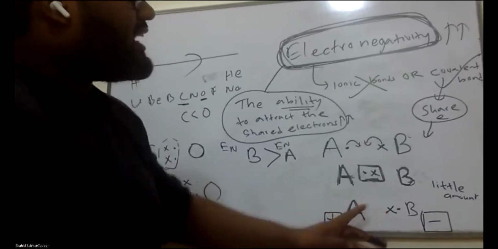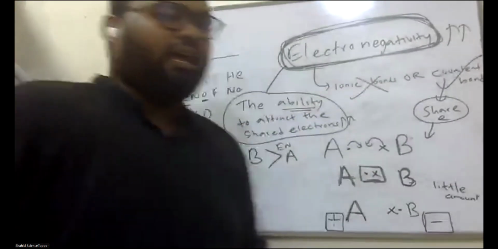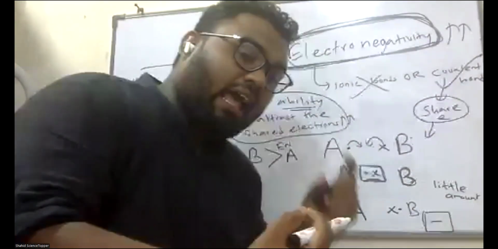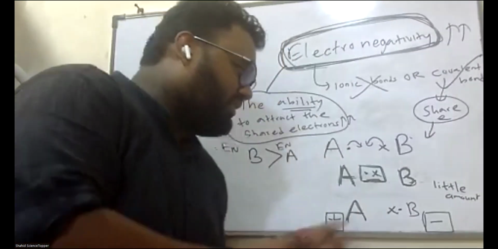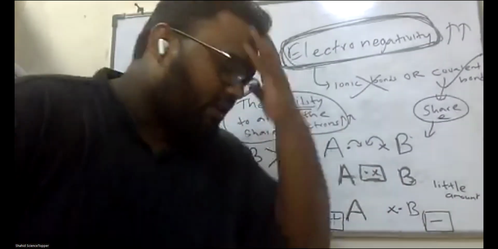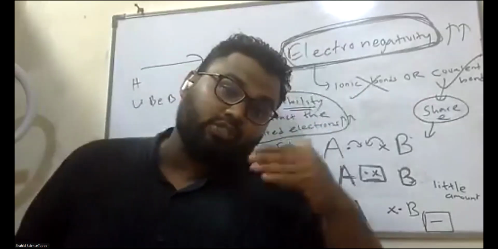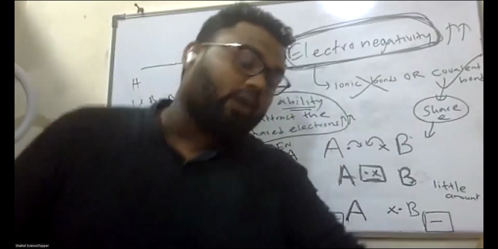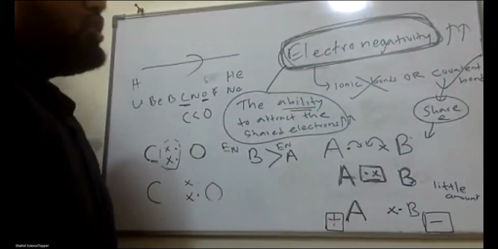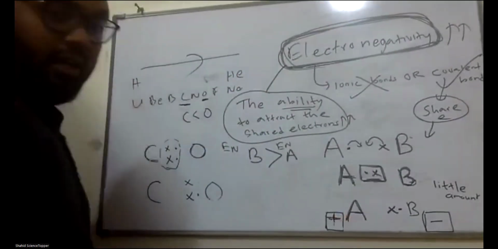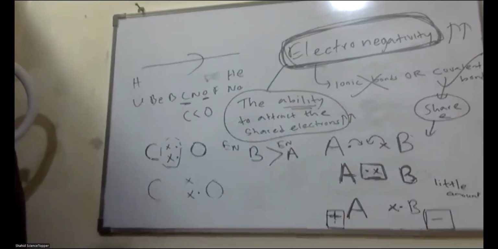Because these electrons are moving away from A. Moving away means we can take it as A losing it. It's not actually losing, but it's a little similar to losing, because it is going away from the atom. So here you need to put a positive sign, correct?